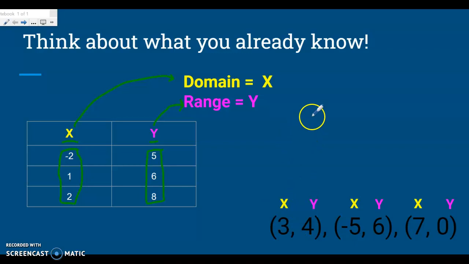And if you think about it, we've got x comma y for a point. And we have domain comma range for our point because domain are our x's and range are our y's. So we're going to take the same concept and we're going to put it now in graphs.